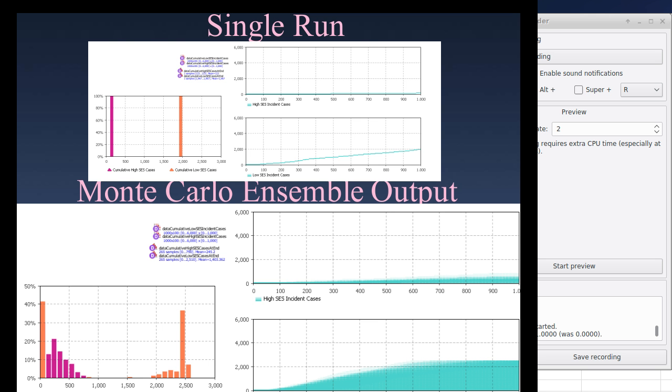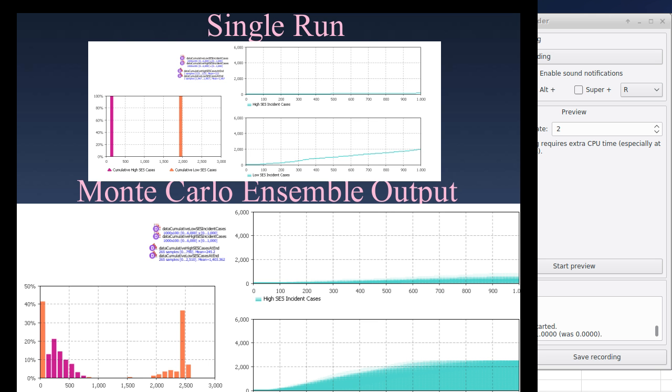And over time, we might have seen a number of cases in the low SES versus the high SES population like this. If we run the model many, many times, varying nothing other than the happenstance, the random events, the stochastics, now we see distributions. Instead of just one result, as we run it many times, we'll get slightly different results.